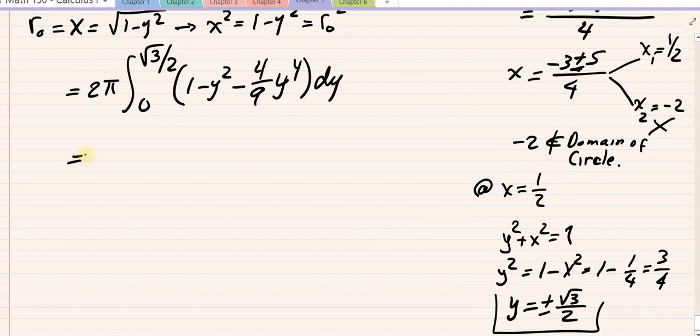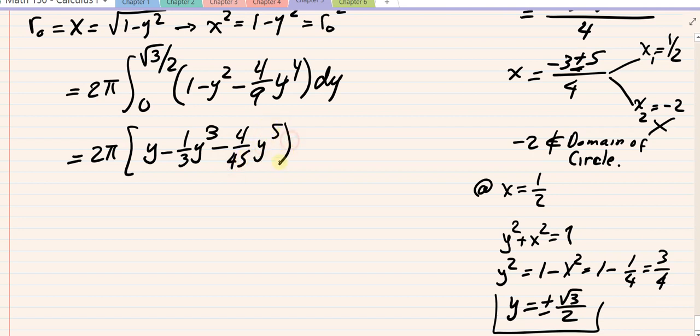Okay, so this is going to be 2 pi. The integral of 1 is just going to be y. Y squared becomes 1/3 y cubed, and this other one is going to be y to the 5th over 5, negative 4/45ths y to the 5th, and the limits go from 0 to root 3 over 2.